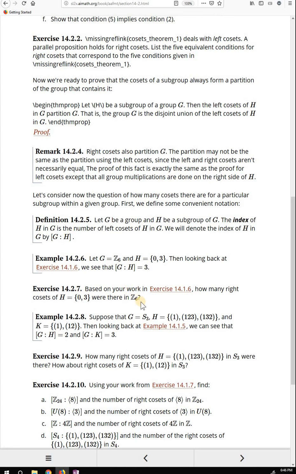And then, all right, so here's this example. Suppose you have C3, here's my H, and we saw that for H there were 2 cosets, and then there was this other group where you just had a single flip. And you know a flip is its own inverse, so that creates a group. In this case, there were 3 cosets. So you can kind of see the smaller the subgroup, the more cosets there are.